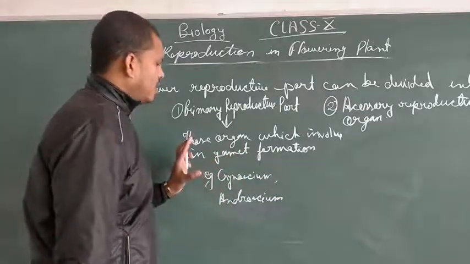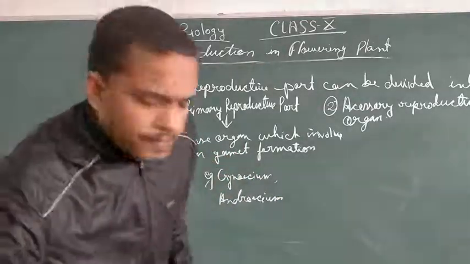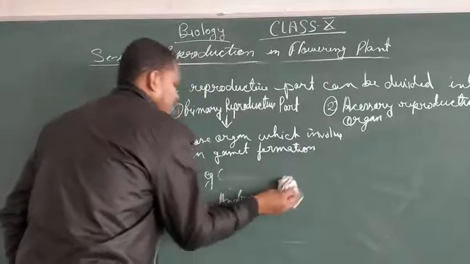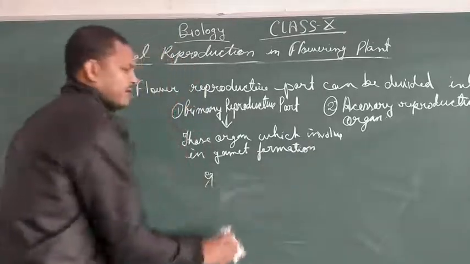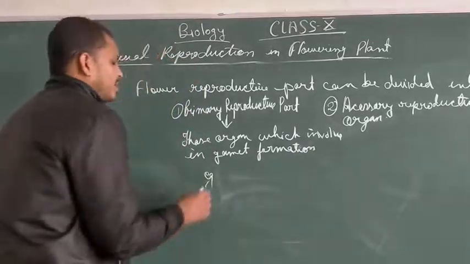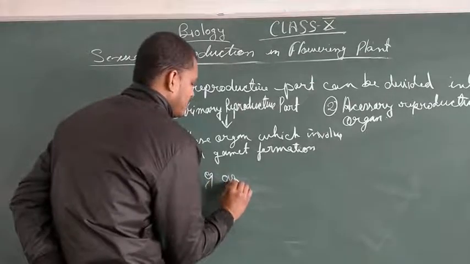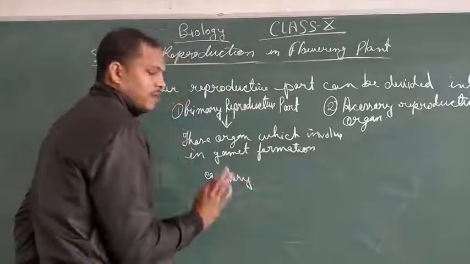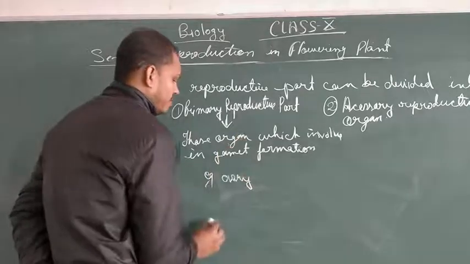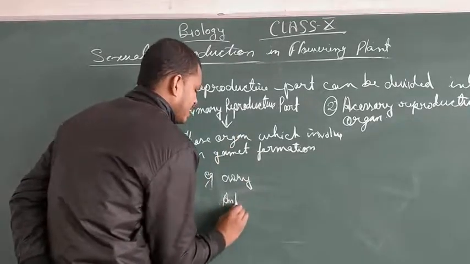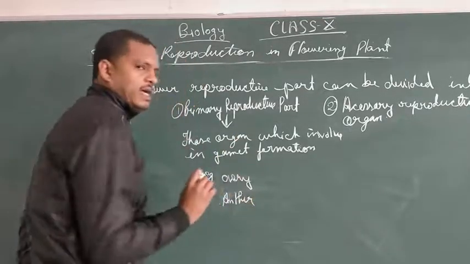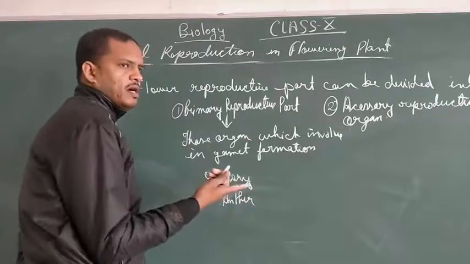Or, even more specific, you can say ovary. Ovary, and what I told you, gynoecium, that is also correct, and here you can say anther, or you can say androecium.